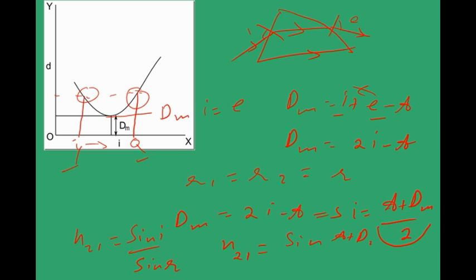This is the angle of incidence. And sine of angle of refraction, r. Here it is A by 2, because it is the symmetrical case we just discussed. Let us write neatly. n21 will be equal to sine of (A plus Dm) by 2, this is the angle of incidence, and in the denominator I have sine r.